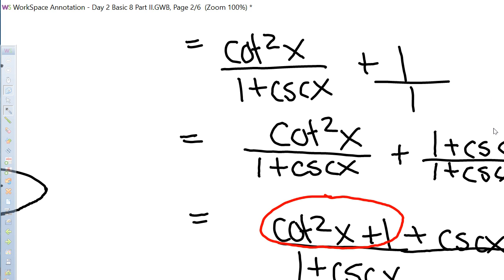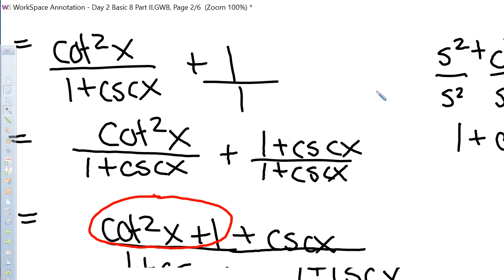And 1 over sine squared is what? Cosecant squared. So right over here where I circled the cotangent squared plus 1, what do I put there? Cosecant squared. So cosecant squared of x plus cosecant of x, and in the denominator we have 1 plus cosecant of x.